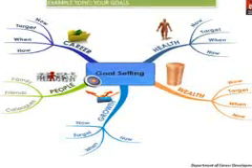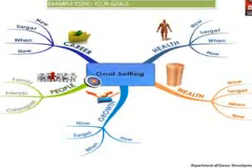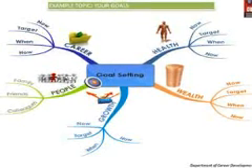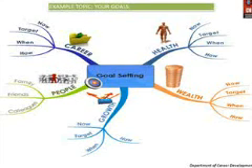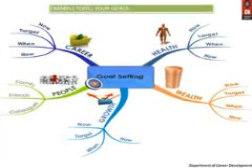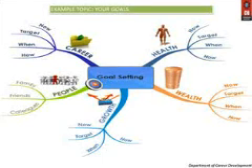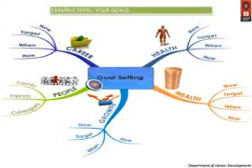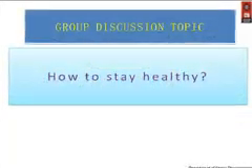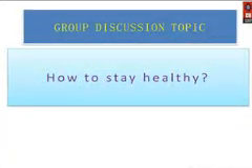What is your target? When do you plan to achieve whatever you are planning to do? And how are you going to achieve it? Health goals, what is the target, what is the status right now, and how do you intend to achieve it? How to stay healthy.